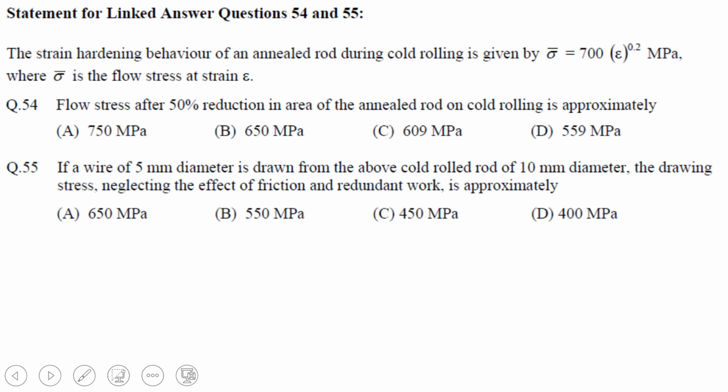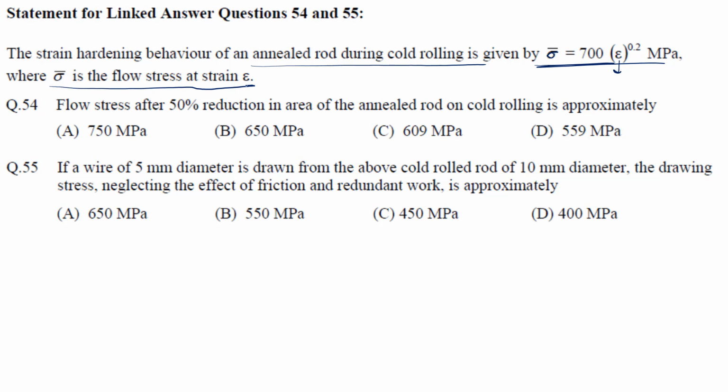The strain hardening behavior of an annealed rod during cold rolling is given by sigma bar equal to 700 epsilon to the power 0.2. Epsilon is your strain, right? The sigma bar is the flow stress and the strain is epsilon. Flow stress after 50% reduction in area of the annealed rod on cold rolling is, okay, so here it is asking for the flow stress value.